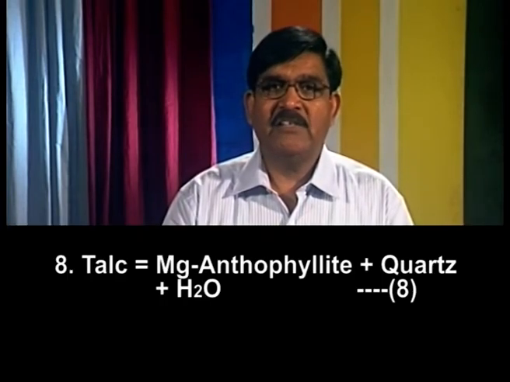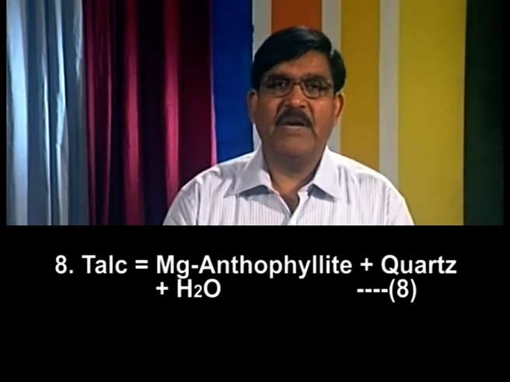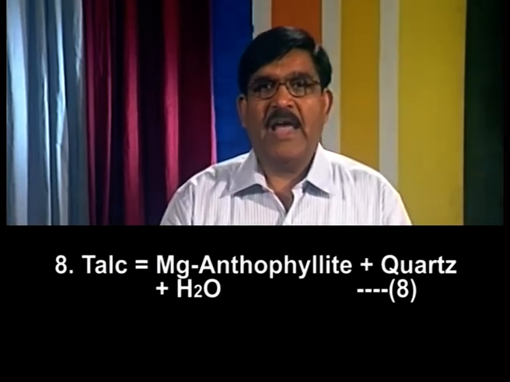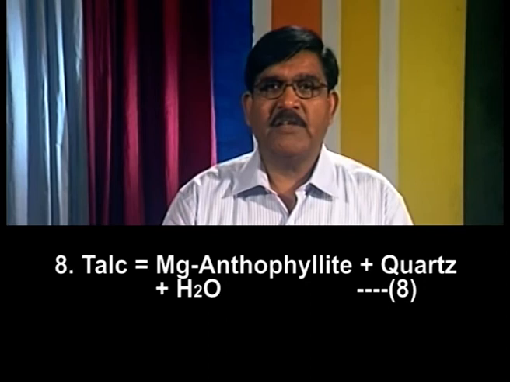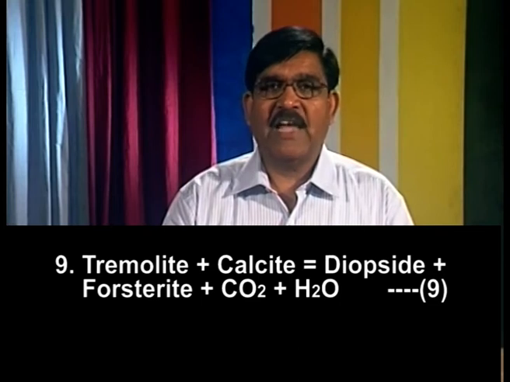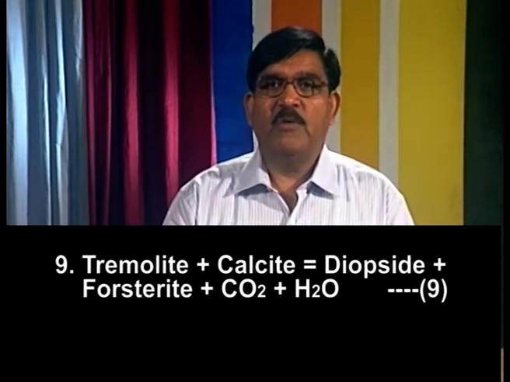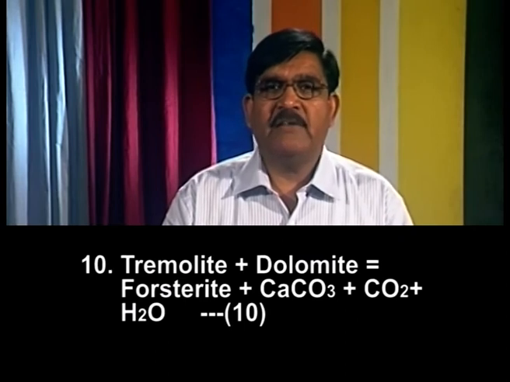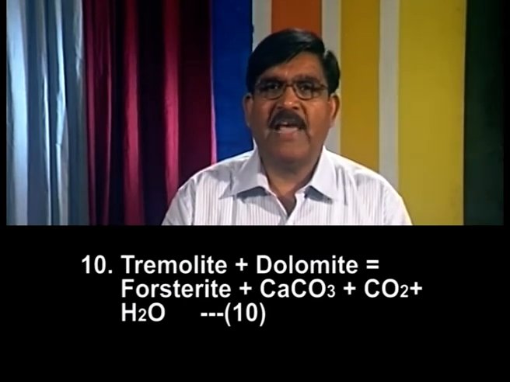Reaction number 8: talc breaks down into Mg-anthophyllite plus quartz plus water. Reaction number 9: tremolite plus calcite gives rise to diopside plus forsterite plus CO2 plus water. Reaction number 10: tremolite plus dolomite gives rise to forsterite plus calcite plus CO2 plus water.